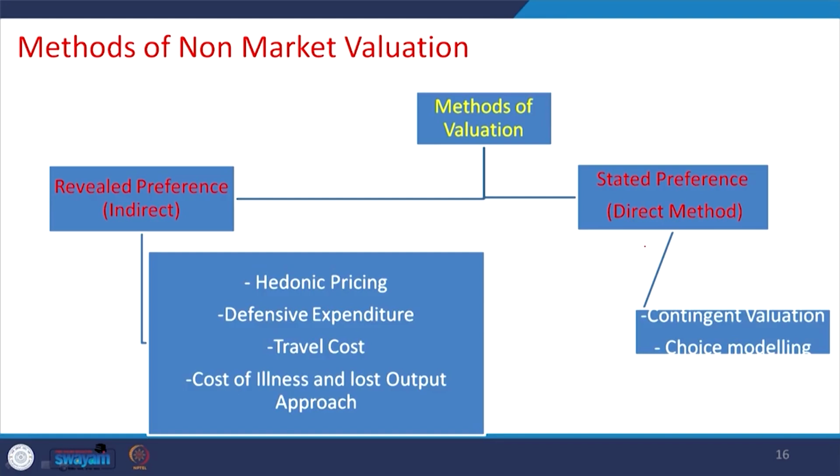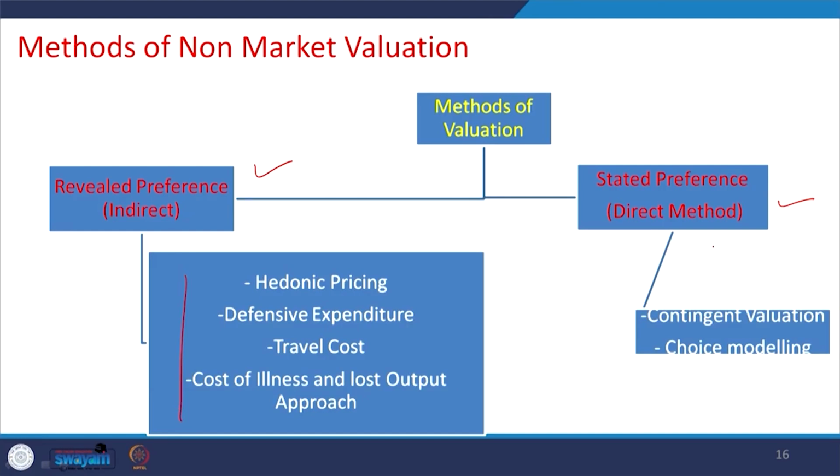So, based on non-market valuation approaches, there are two types. One is the revealed preference method, which is known as the indirect approach, and the second is the stated preference method, which is known as the direct approach. Under the revealed preference method, there are four different types of methods that we will be dealing with.